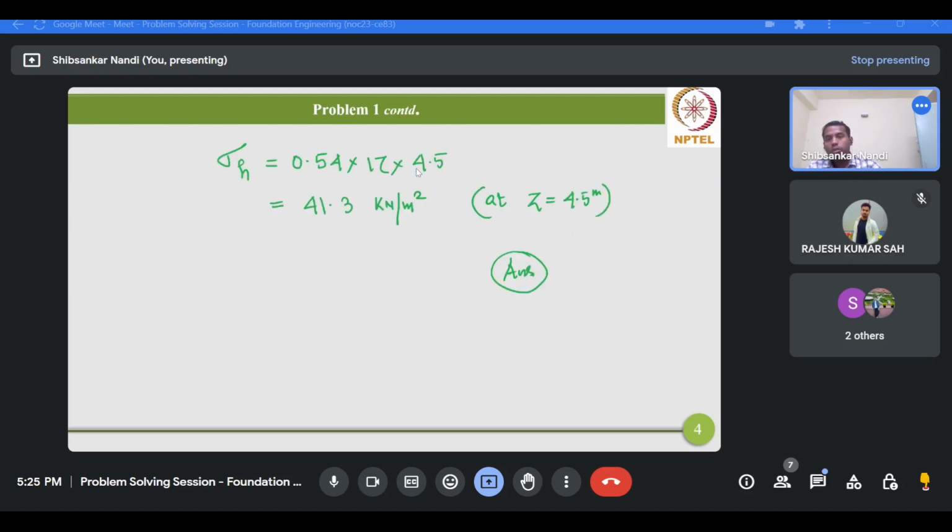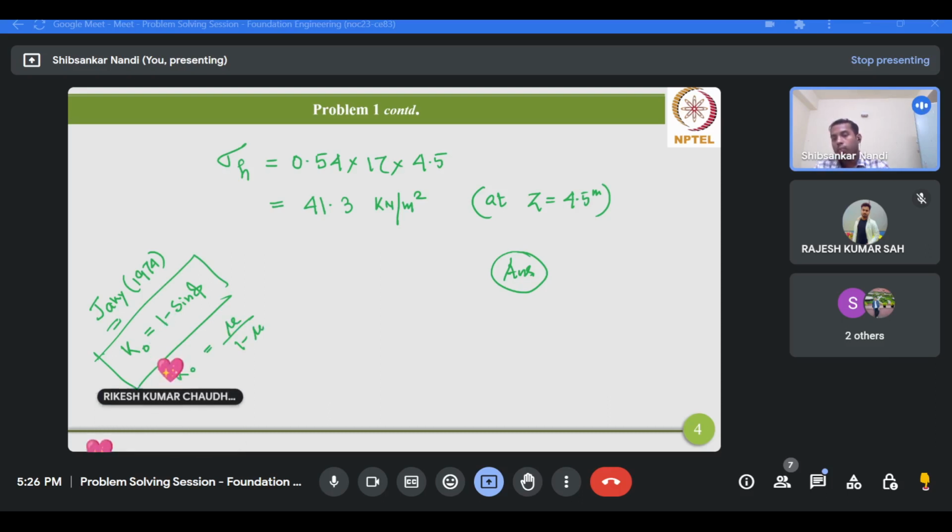Instead of Poisson's ratio, if the angle of internal friction is given to you, there is one empirical relation given by Jaky in 1974. This coefficient of earth pressure at rest you can also determine in this fashion, that is 1 minus sin phi. So instead of the mu upon 1 minus mu expression, you can use this empirical correlation that k0 can be calculated as 1 minus sin phi.